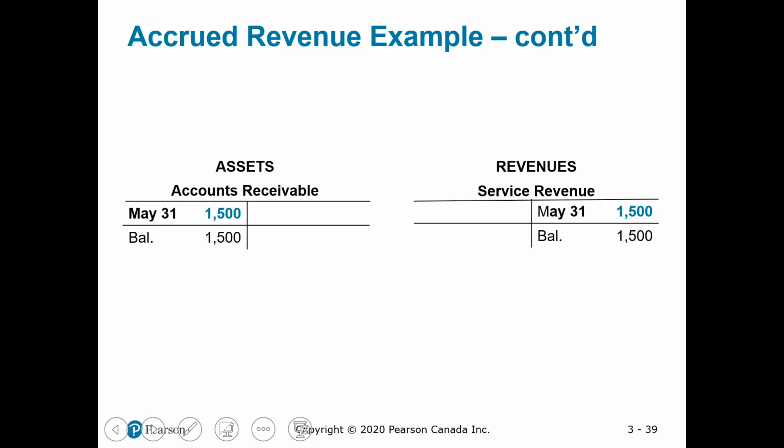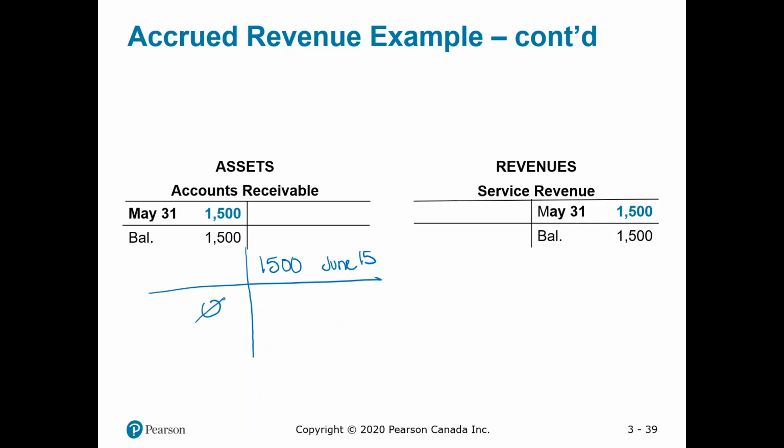So if we update our T account for this, here we are going to have the credit to AR on June 15th because we received that. So now we have 0 in our receivable. There's nothing left we haven't collected. And we would have another credit to service revenue for $1,500.